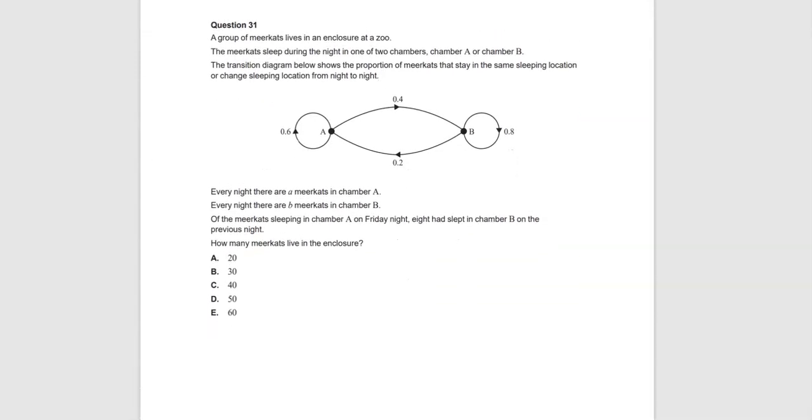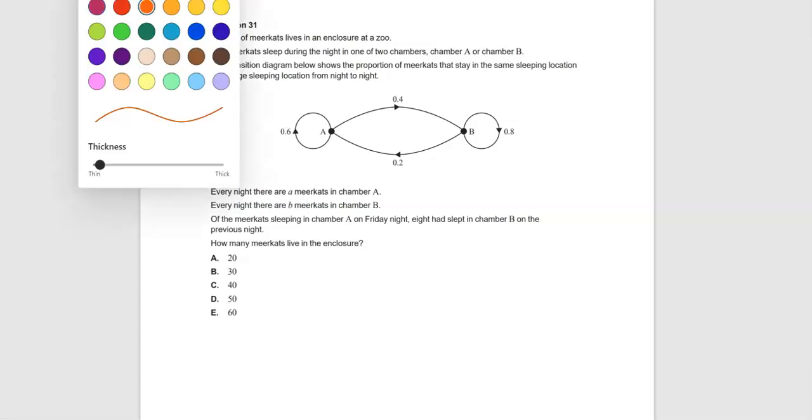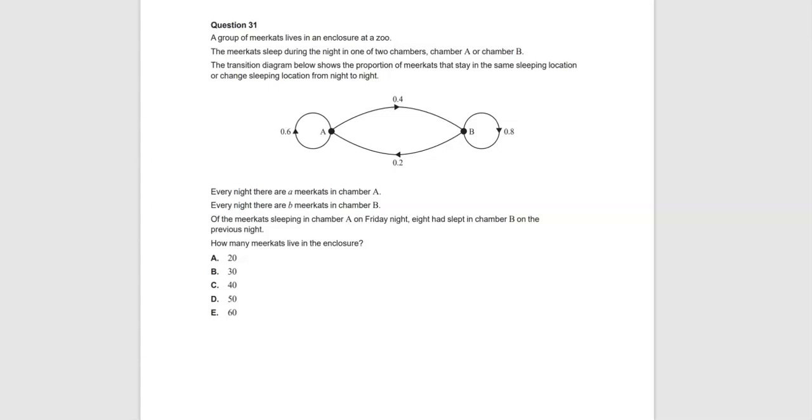All right, this one I just want to bring up. They've brought this up before in other exams, so we need to make sure of this. A group of meerkats live in an enclosure at a zoo, and we can see they're either in chamber A or chamber B, and they transition from location to location at night.